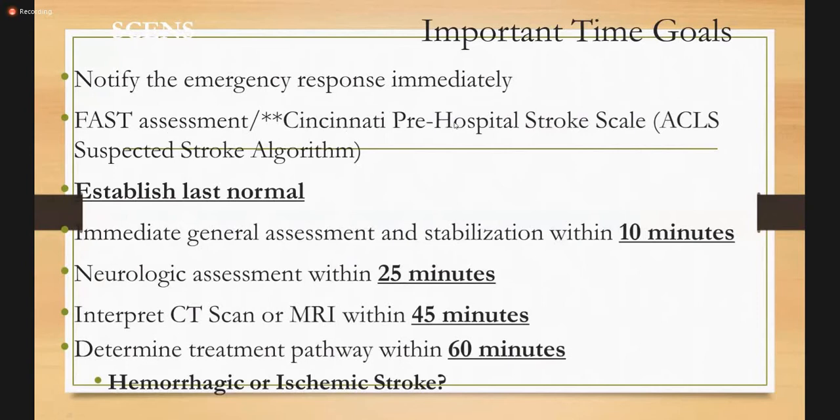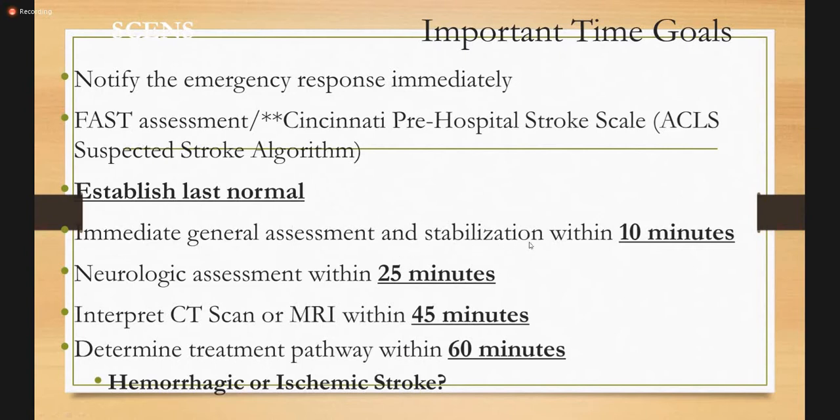The FAST assessment, pre-hospital stroke care, establish the last known normal. What is FAST? Face, arm, speech, time. So urgently, according to the guidelines, you have to perform the FAST assessment.